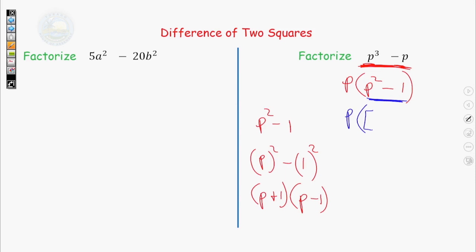I'm going to use my square brackets. So it's p squared minus 1 squared. Once we recognize it's a case of difference of 2 squares, take the first one, add it to the second one, and then take the first one, subtract the second one, and we have completed our difference of two squares problem.